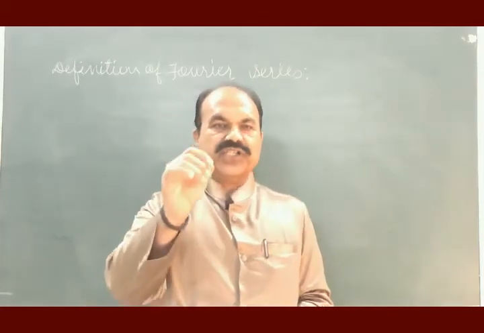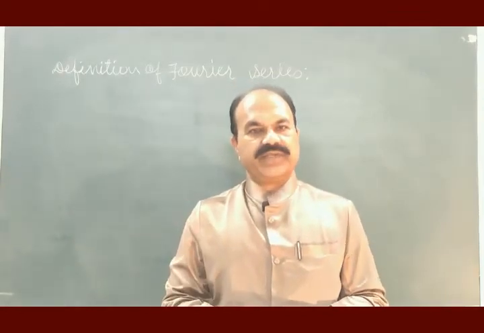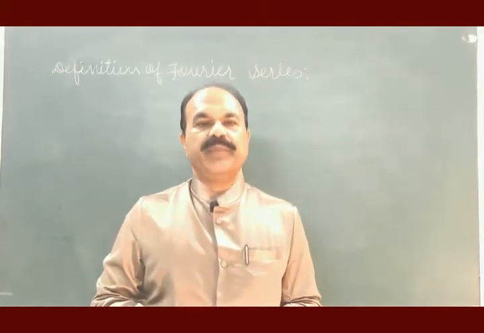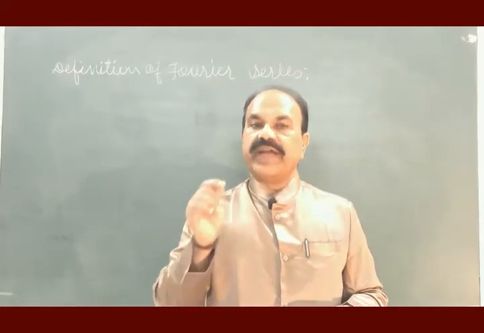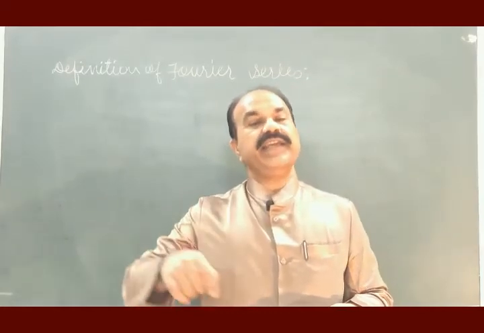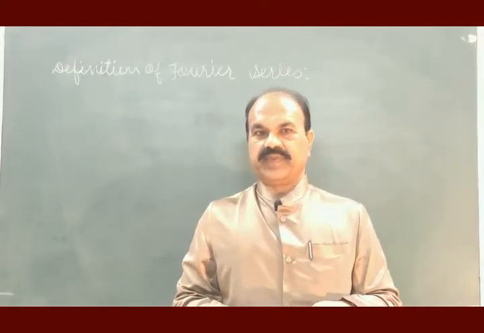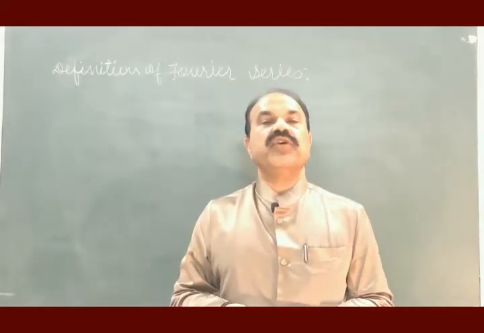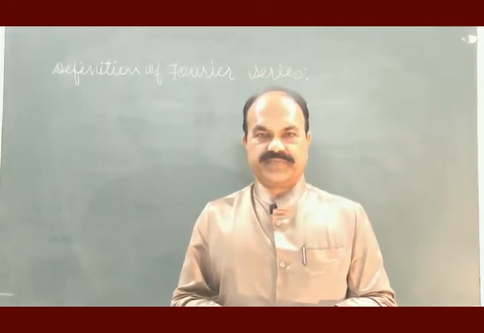This function f of x may be a continuous function, or it may be a discontinuous function with finite number of discontinuities and finite magnitude of discontinuities. Then we can use Fourier series for representation of this function f of x.